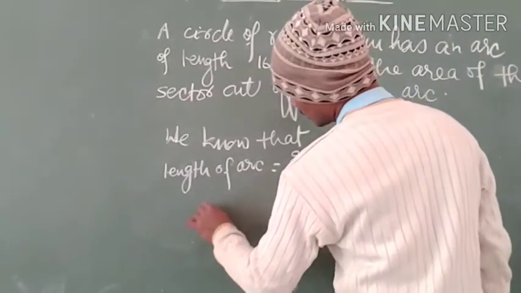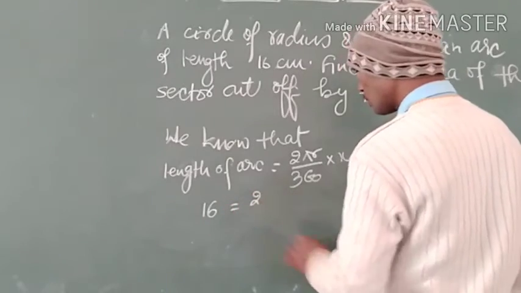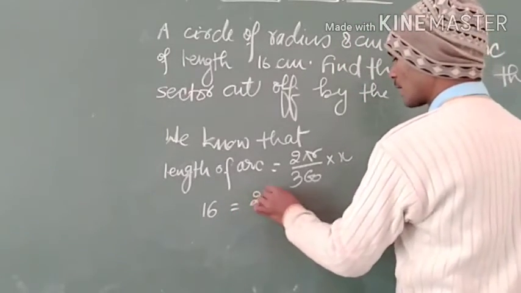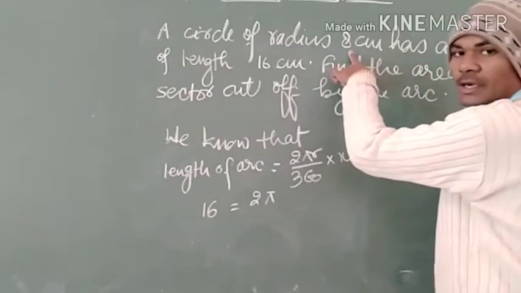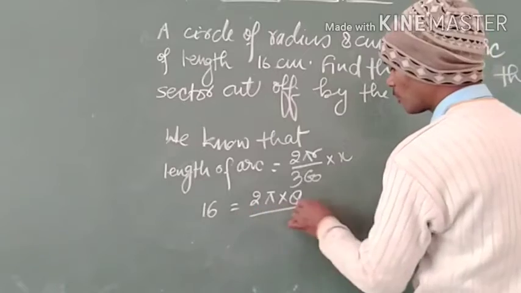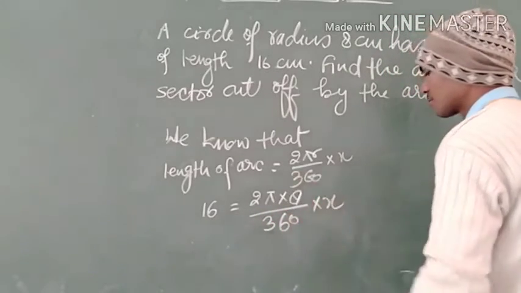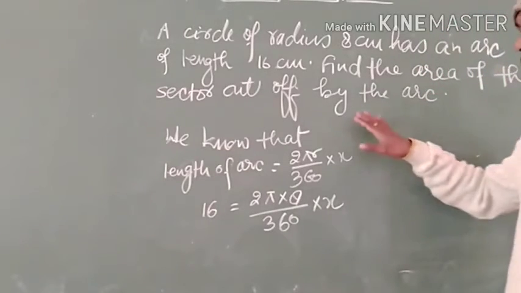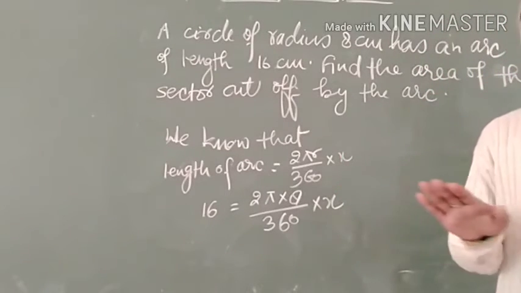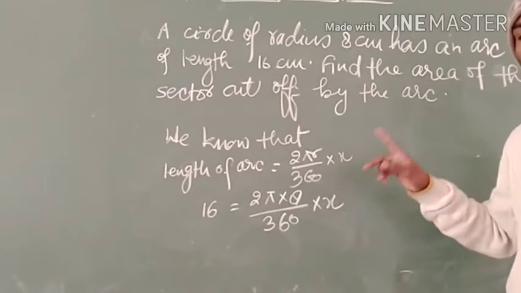Therefore, we write here 16, which is equal to 2 pi. The value of r, the radius, is given as 8 centimeters. So we write 8 upon 360 multiplied by x. In the question, the value of x is not defined, therefore we shall not write the value of x.